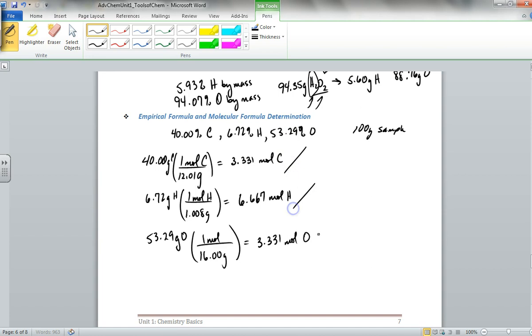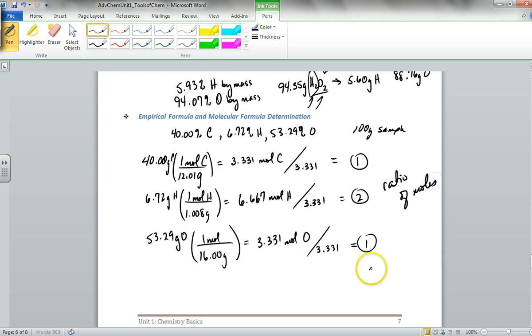Well, what we're interested in is the molar ratio. Perhaps they won't always look this nice where we can just see it right from the beginning, but what you do is, whichever one is the smallest number, you divide each of these numbers of moles by the smallest. That should give us a whole number ratio, and the whole number ratio is the ratio of moles.